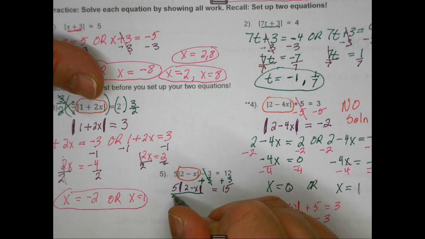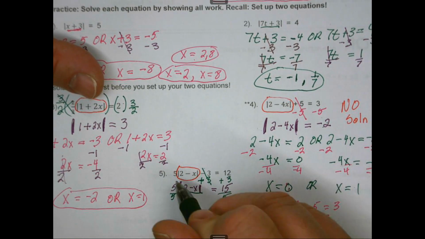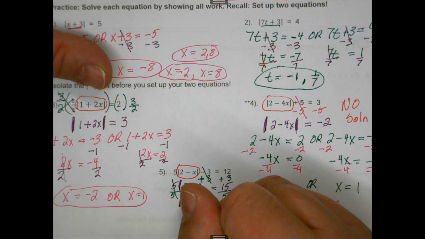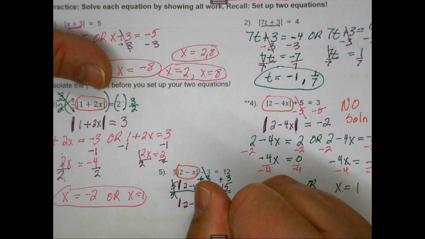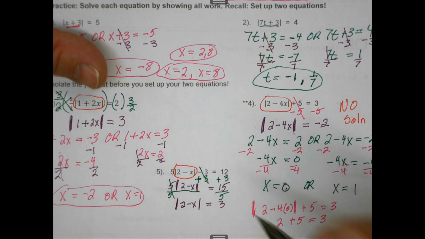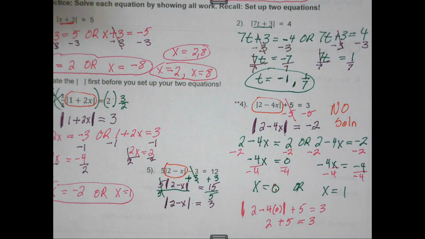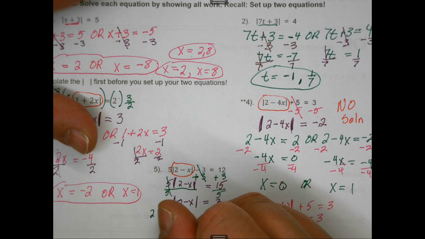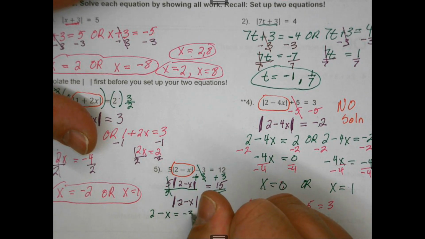2 minus x equal negative 3, or 2 minus x equal positive 3. Solve each for x. It's a long problem. Minus 2, I get negative x equals negative 5.